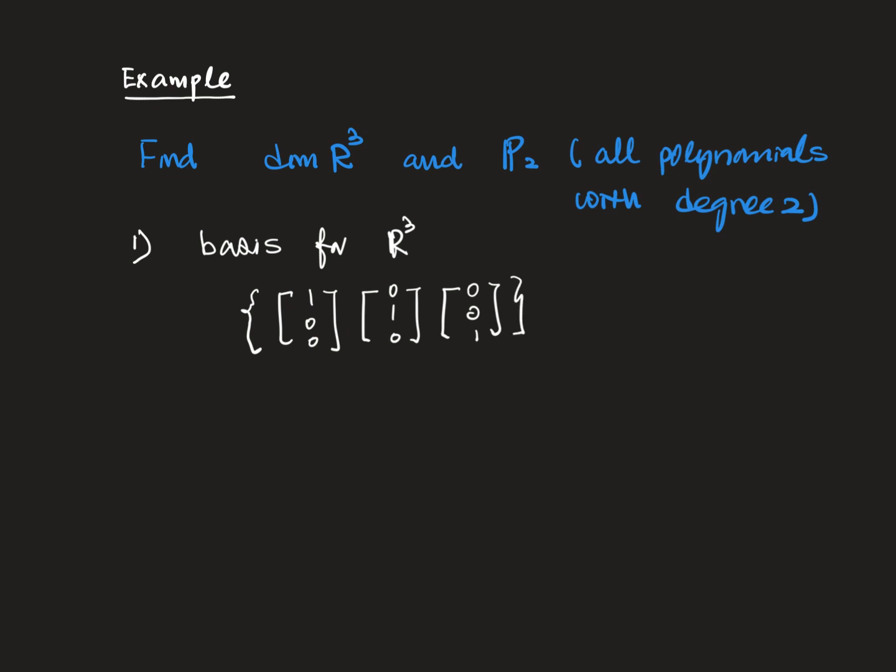Just a quick reminder, guys: a base means this set spans R3, meaning linear combinations of these three vectors give all vectors in R3. That's the first condition. And second, it should be linearly independent. So how many elements are in the base? 1, 2, 3. So the dimension of R3 is 3.